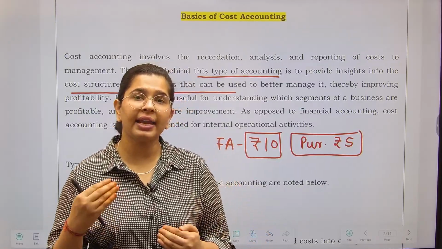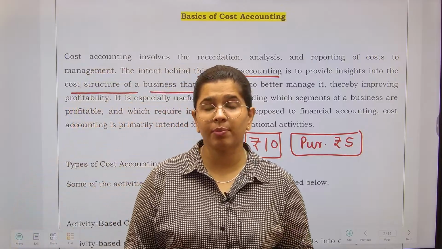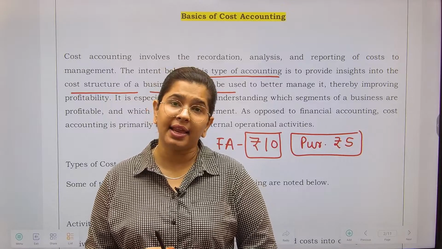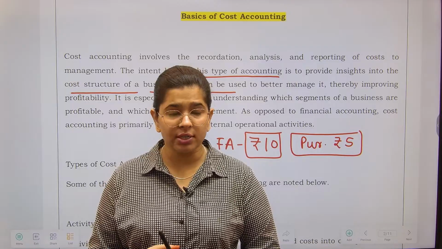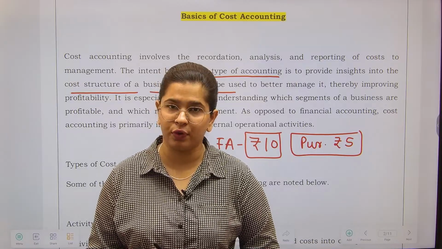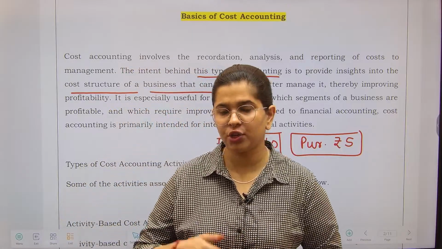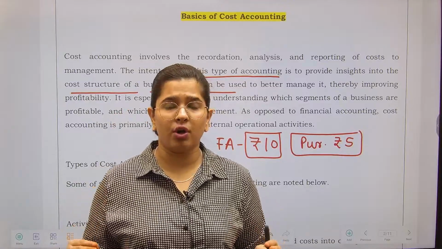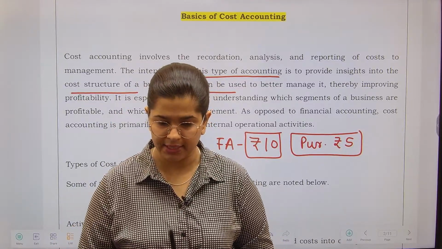So what if I need the information product wise, or service wise? In all such cases, cost accounting becomes truly useful. Cost accounting gives you the information product wise, or on any parameter that you want, cost accounting will give you information on that particular basis.